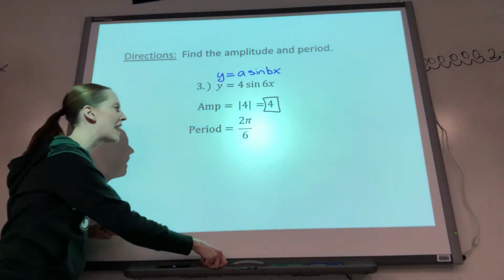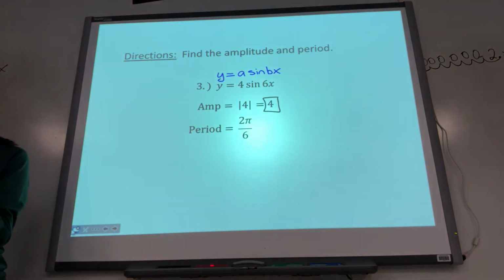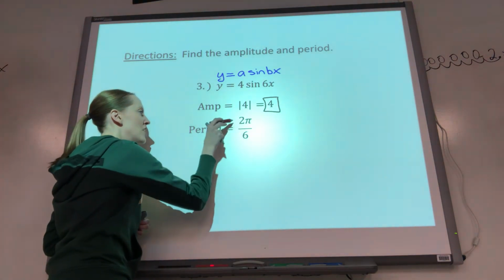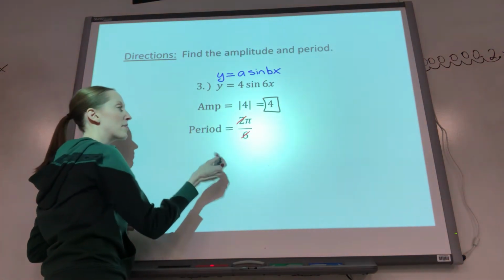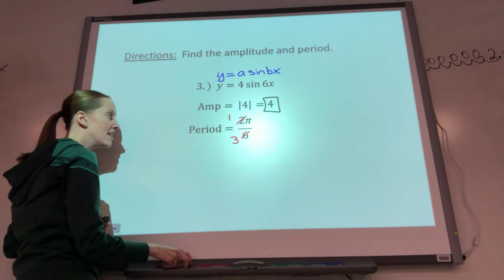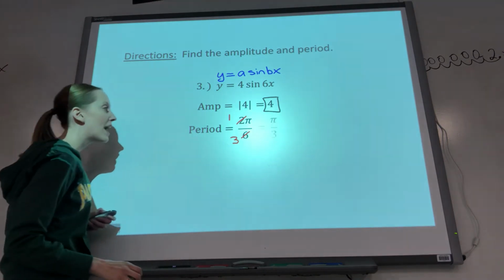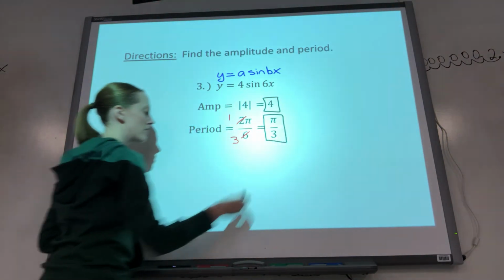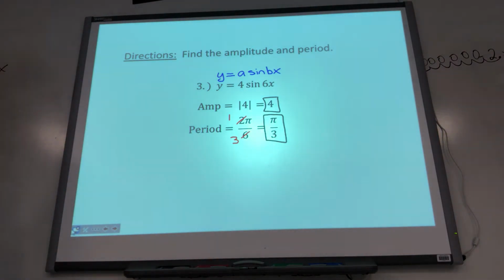Again, I don't want to get decimals, but I do want to reduce that. You could divide both of those numbers by 2. So that'll be a 1, that'll be a 3, and I don't have to put 1 pi over 3. I can just put pi over 3. That would be our period.